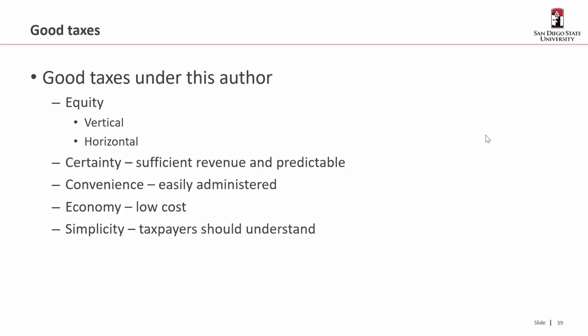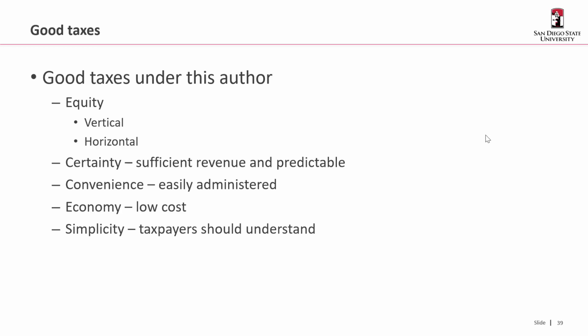Vertical equity, on the other hand, says that people who generate a greater base should pay more in tax. So vertical equity comes through either the use of a flat rate, where just as the base goes up, the amount of tax they pay goes up. But vertical equity also includes a progressive tax rate, which is when the base goes up, the rate at which tax is paid also goes up.